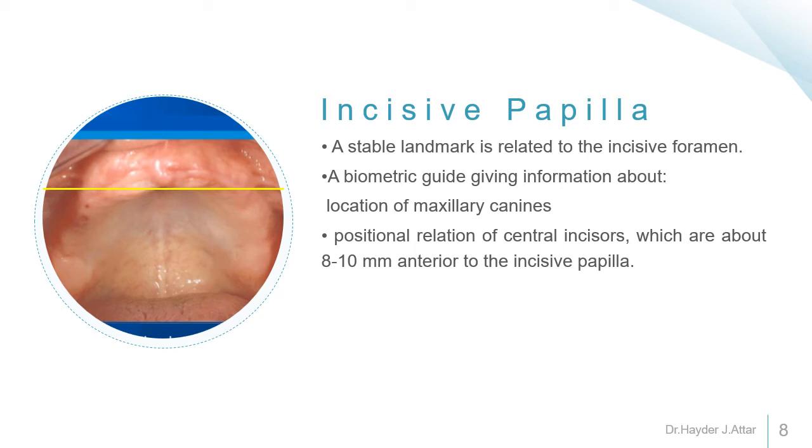This line indicates the position of the maxillary canine. In addition, the incisive papilla is a biometric guide for the position of the anterior incisors, especially the central incisors, which are located 8 to 10 millimeters anterior to the incisive papilla.